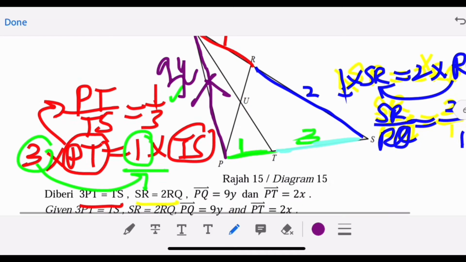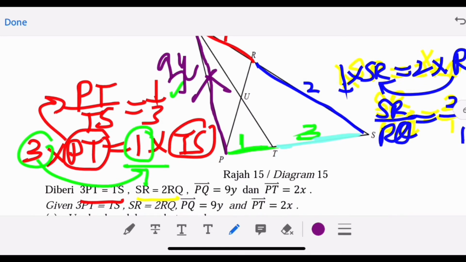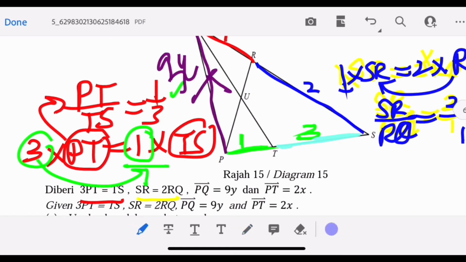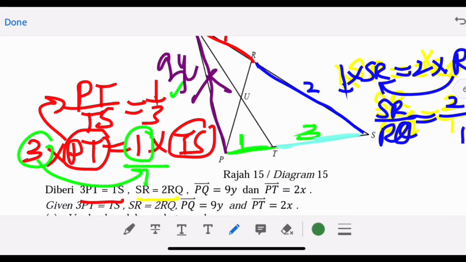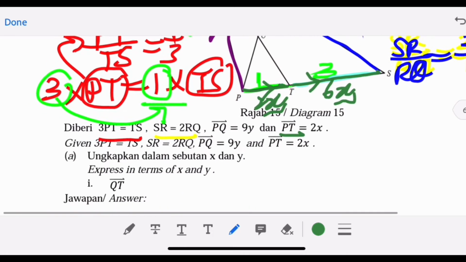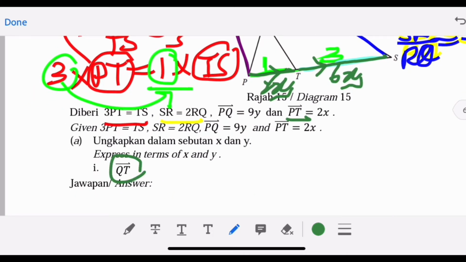And then for the vector PT, it was given 2x here. So that means here will be 3 times 2, 6x, right? Same direction.